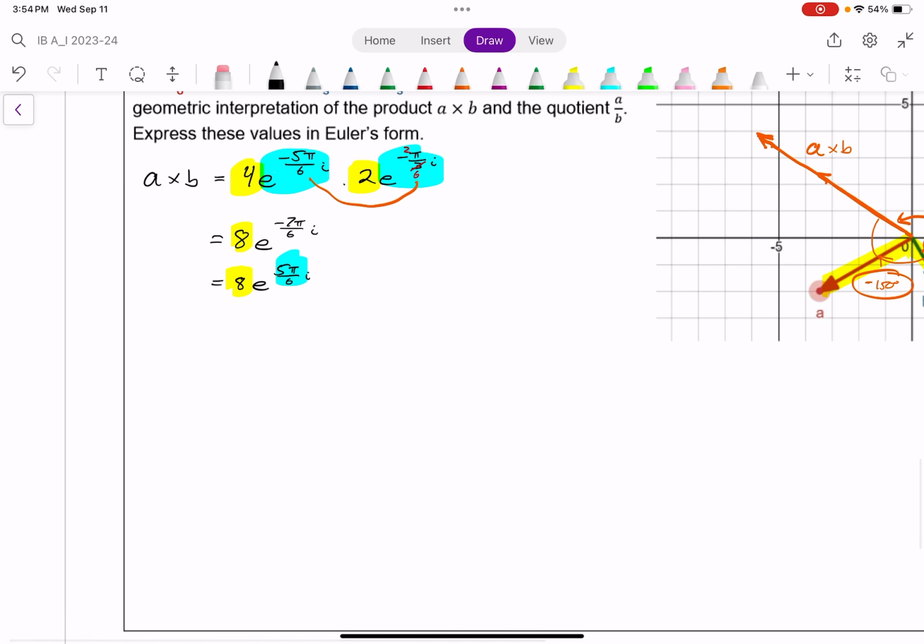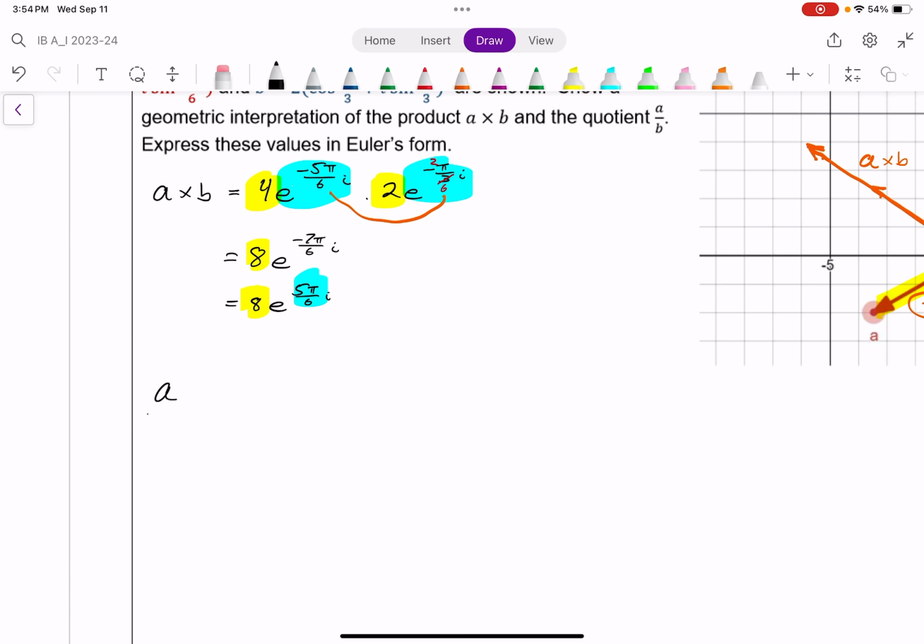And so for A divided by B, very similar idea, A over B. So I have 4e to the negative 5 pi over 6 times i divided by 2e to the negative pi over 3 times i, same idea. I'm now going to divide my lengths of these vectors, the absolute value, whatever. I get 2.